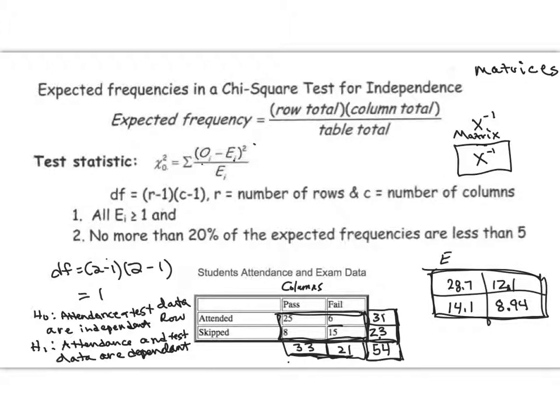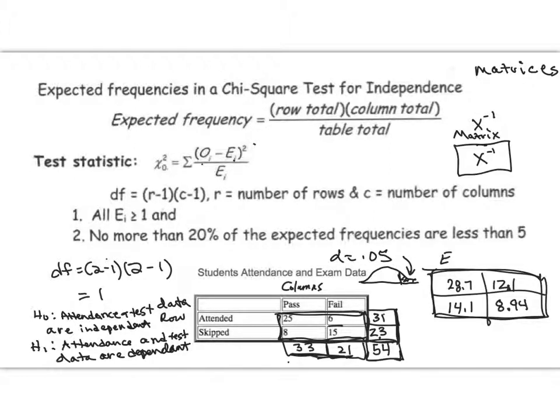I need to find my critical value, so I need to go and look at a table with 1 degree of freedom. We should figure out that since we're not given an alpha here, we're going to use alpha equals 0.05, because we're not given one, so that's what we default to.